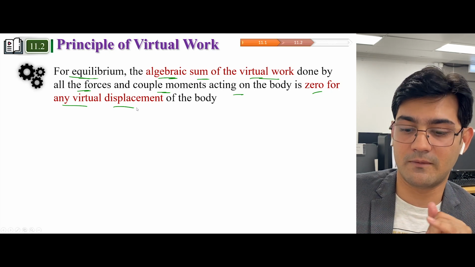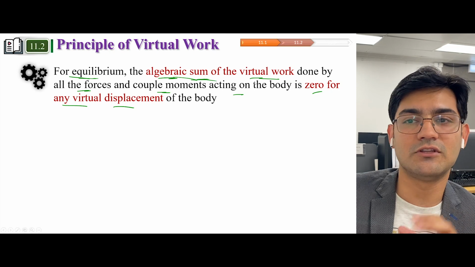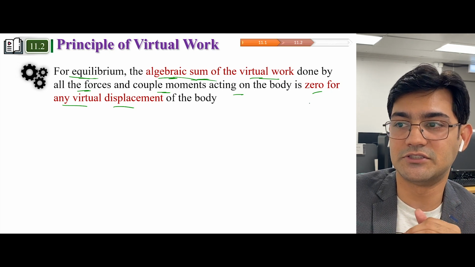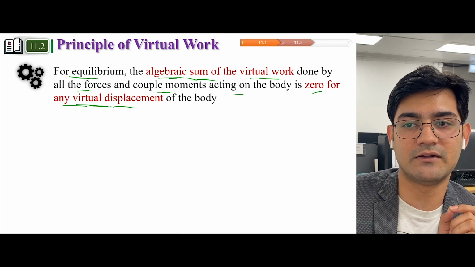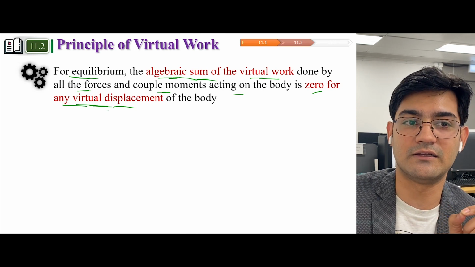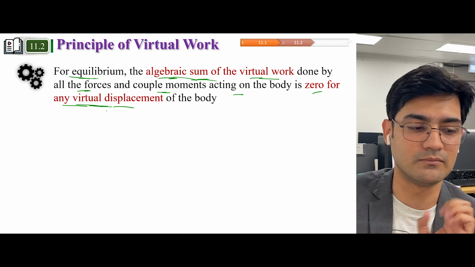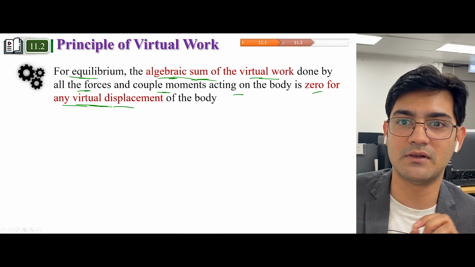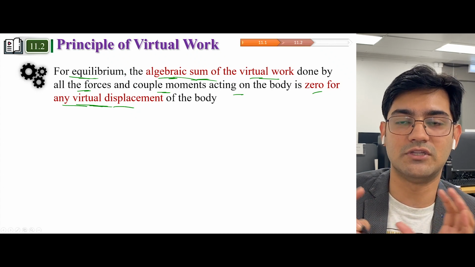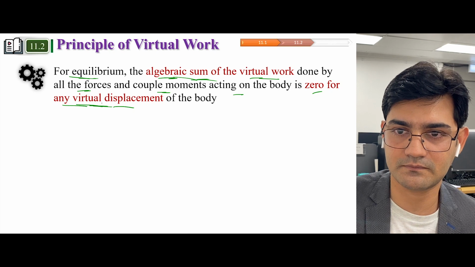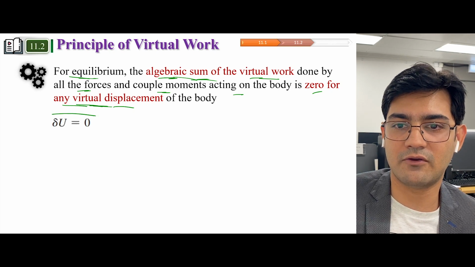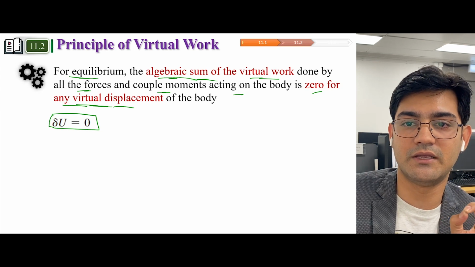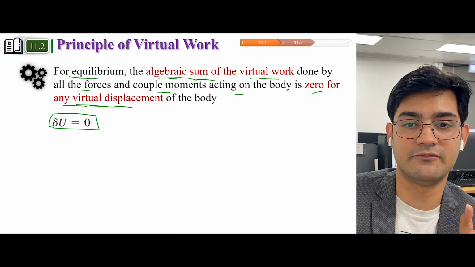If the algebraic sum of all the virtual work for all the forces and all the couple moments is 0 for any virtual displacement of a body, then we can say that this system is in equilibrium. What do I mean by that? I will also explain in the next section when we do an example, and it will become clear how virtual work works. For now, for equilibrium, our virtual work should be equal to 0 for any virtual displacement.